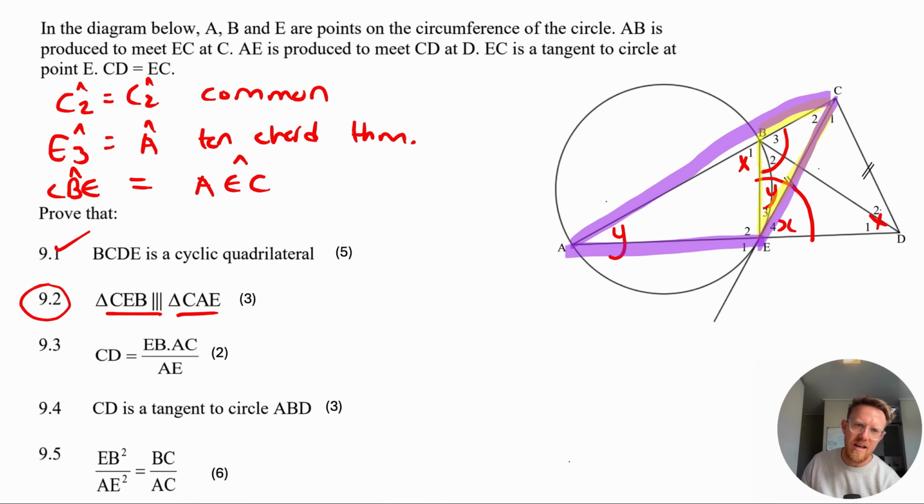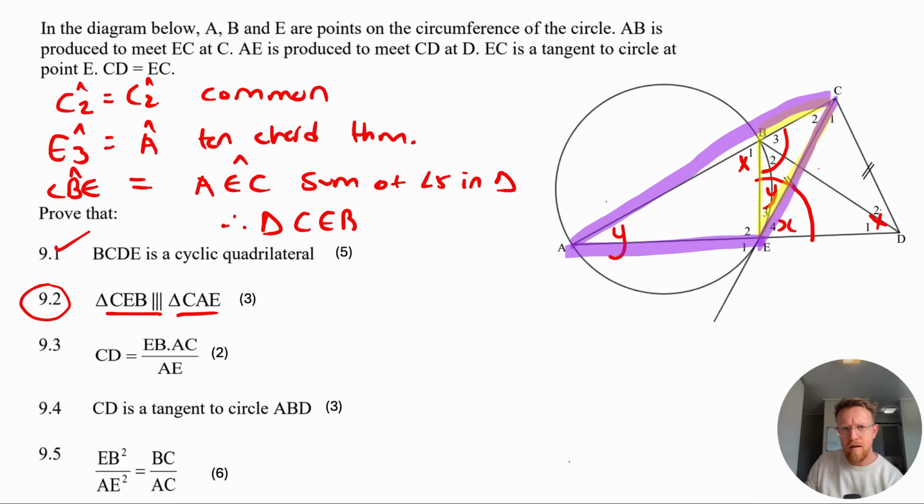And that'll just be because of sum of angles in a triangle. And so there we've proven it, and we can say, therefore, triangle CEB must be similar to triangle CAE, and the reason is angle, angle, angle. Done.